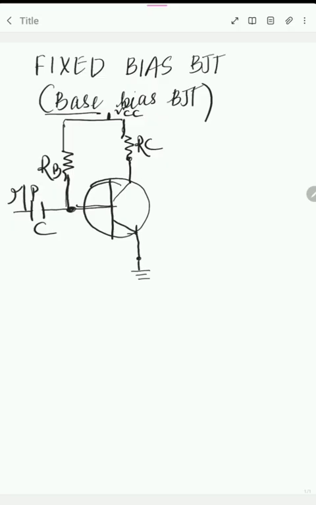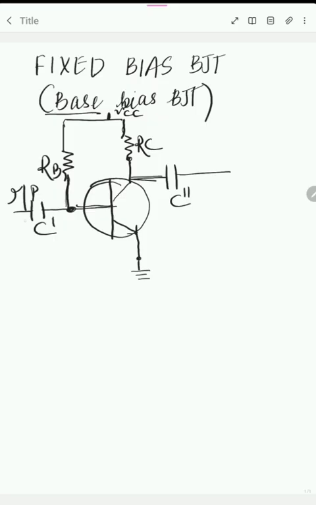Before taking the output, we connect another coupling capacitor at the output terminal. These are named C and C dash. So we connect a coupling capacitor at the input terminal and at the output terminal.